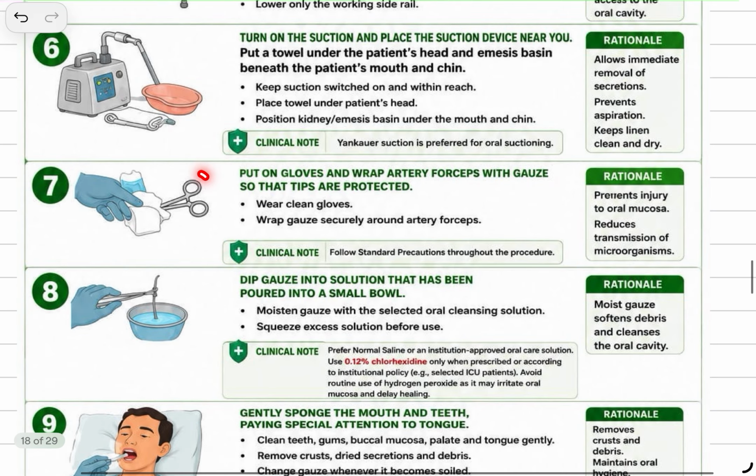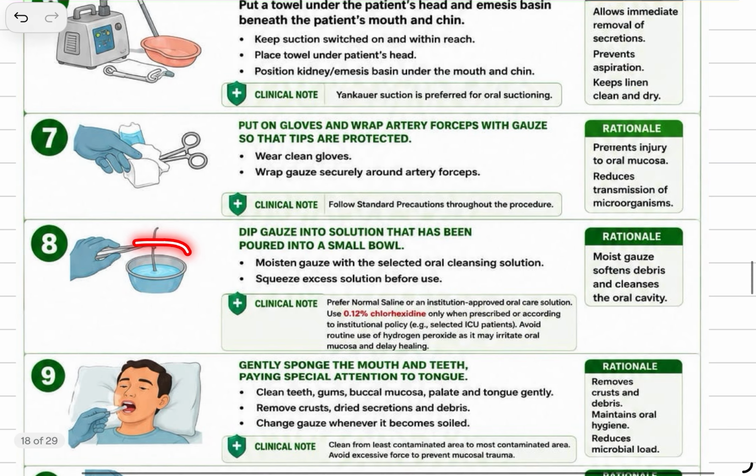Next one, as I said, we need to wrap the gauze piece with the artery forceps and dip it into the solution. Next, we need to squeeze out the excess amount of solution that the gauze has absorbed. Clear? This is to prevent aspiration from excessive fluid in the mouth.